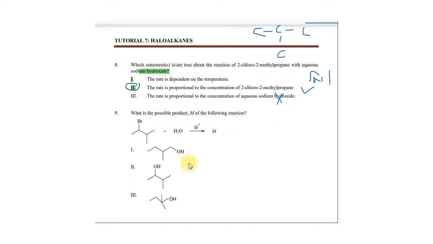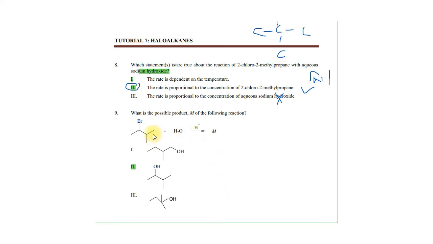Okay, now we look at question number 9. What is a possible product M of the following reaction? So this is bromine with water, meaning they undergo nucleophilic substitution, and the bromine will be replaced by the alcohol. So for sure, 2 is correct, straight away. Then count the carbons, 1, 2, 3, 4, 5, all with 5 carbons. Then we check whether 1 and 3 are correct or not.